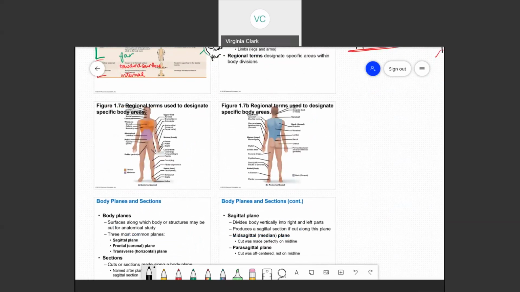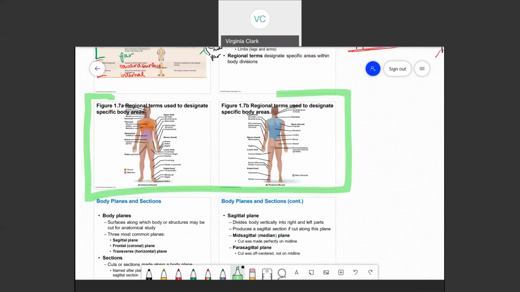Okay, I'm not going to go through these guys in detail, but you need to go through and review all of these. So this is essentially what I was saying about all learning how to speak Spanish: we're all learning to speak the same language about the human body. So this is going to be the front right here. This is going to be the back. And these are all terms.